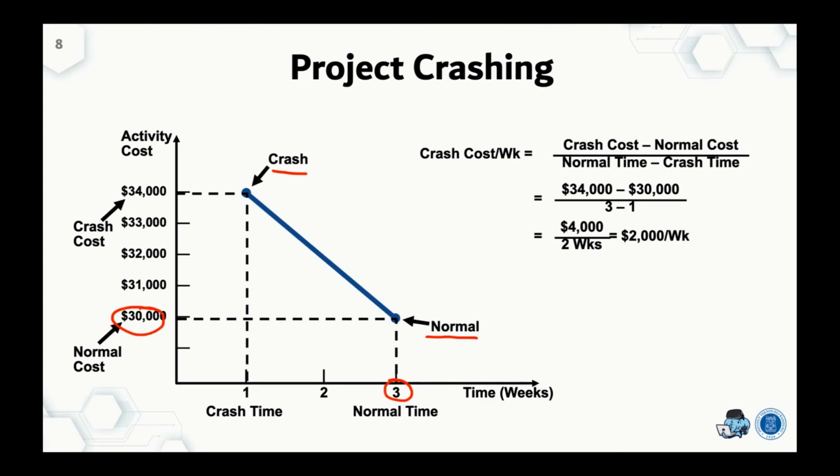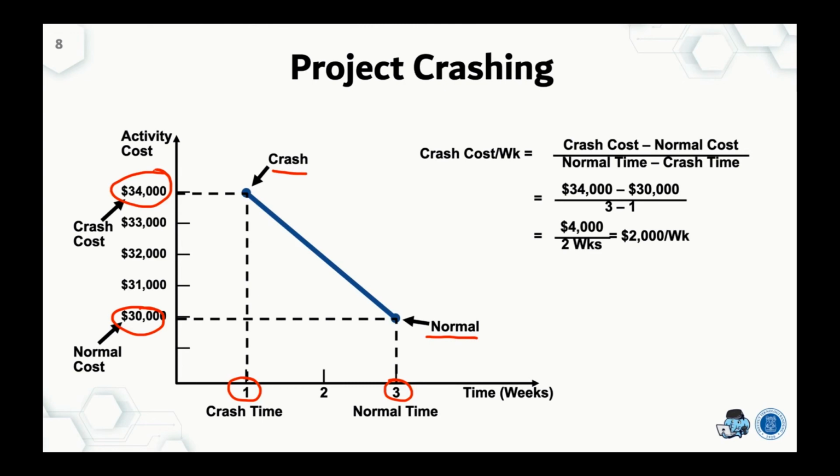We can do crashing, and the time becomes 1 week by adding more workers, more machinery, and so on. So we can complete that activity within 1 week, with a total cost that is of course higher than the normal cost, which is 34,000.